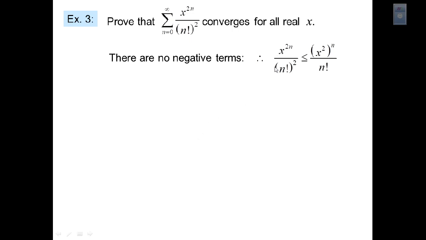And we know that x to the 2n over n factorial squared is going to be less than or equal to x squared to the n power over n factorial. Now, why do we know that? Well, if we square the bottom, what's going to happen to these numbers on the bottom as n gets larger and larger? We're going to have a larger number in the denominator.